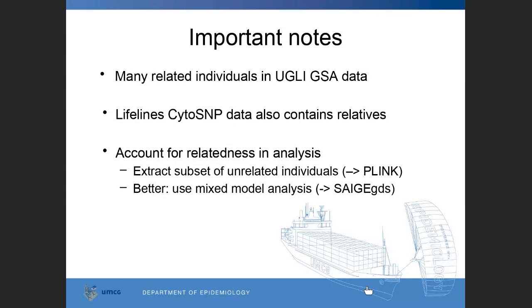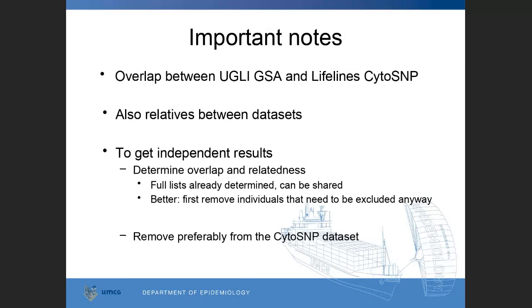As we did this afternoon, better use the mixed model analysis using SAIGE, and the genetics department developed a nice and efficient script for this, so it is easy to use. So I would advise to go for SAIGE GDS for your GWAS analysis.